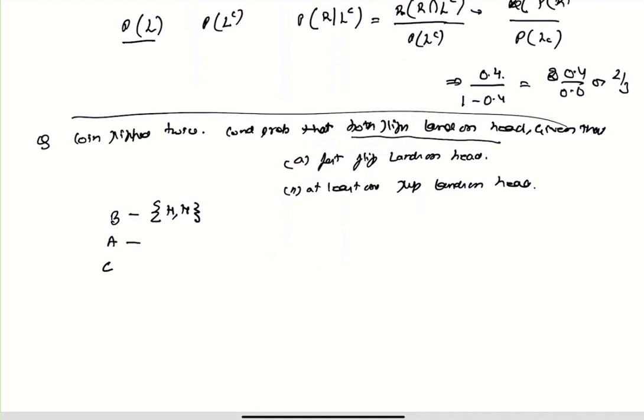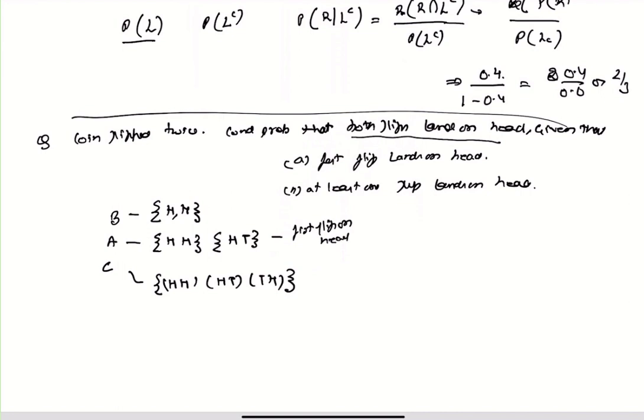A is the first flip lands on the head, which is H, H, and H, T. And C is any flip lands on the head, which is H, H, H, T, and T, H. So this is the first flip on head. This is any flip on head.